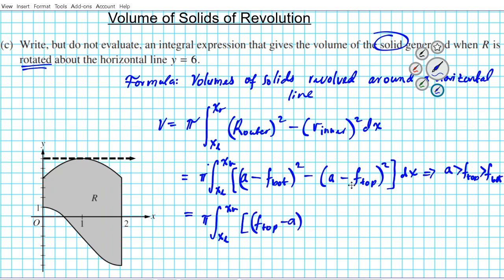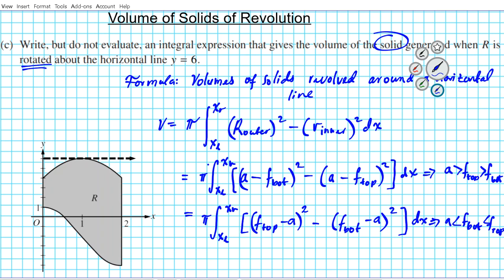You see how the second radius, we switched it around and moved it to the first? This becomes our r outer because the top is farther from the axis than the bottom. So that's the outer radius, squared, minus f bottom minus the axis. This is the inner radius squared, dx. So this is when you have a situation where a is less than f bottom and f bottom is less than f top. Alrighty, so there you have it.